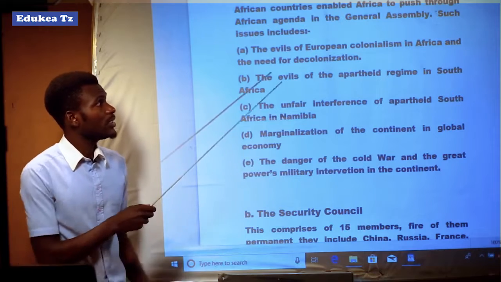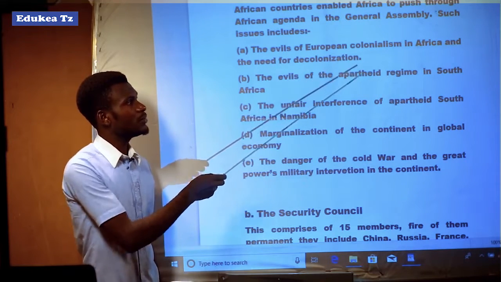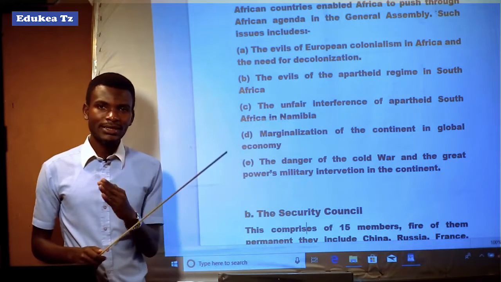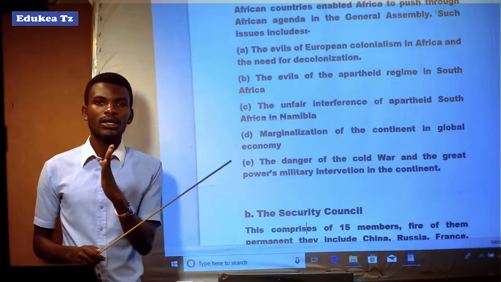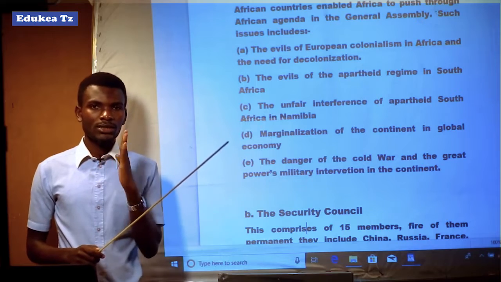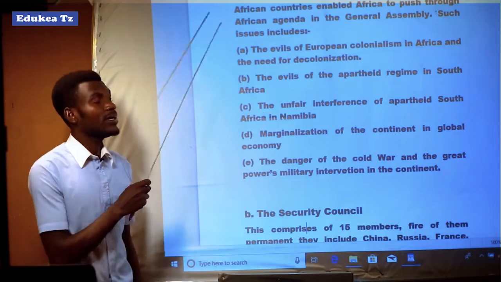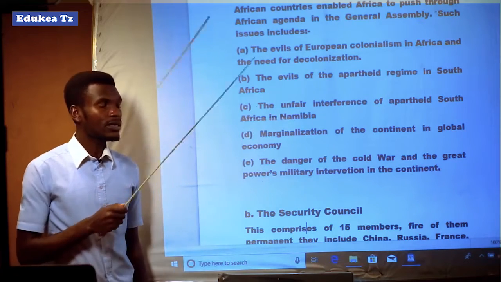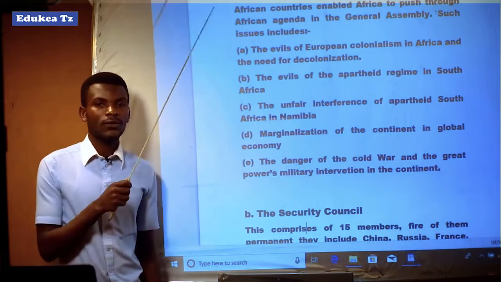The first was the evils of European colonialism in Africa and the need for decolonization.